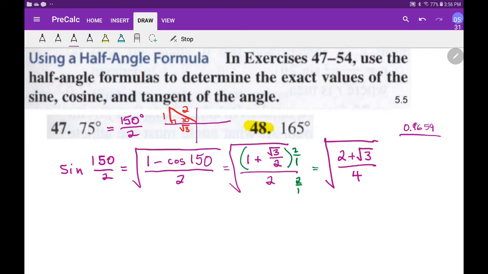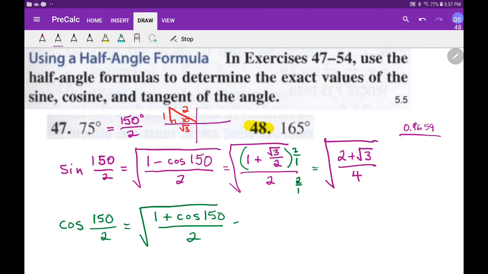And then we want to do the cosine of 150 over 2. And that's going to be equal to, very similar, except that now it's 1 plus that. Okay? That's the only difference. And so we get, well, now we're going to pay for the negative business.